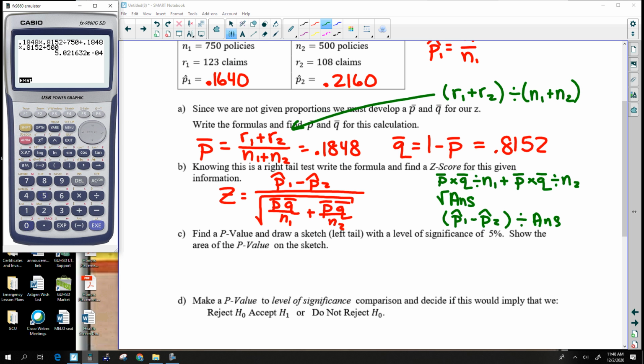That's the inside. I square root that. That is the bottom, so I have to take the top in its own unique parentheses, which is P hat 1 minus P hat 2, divided by this bottom. That is your answer. This is a z-score, so make sure you round to 2 decimal places. So negative 2.32.